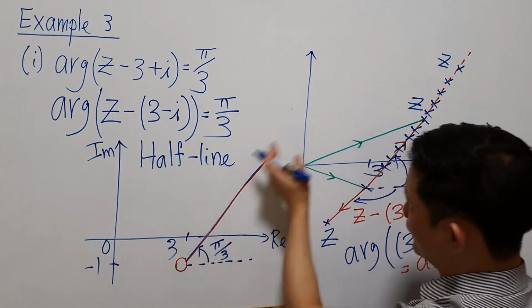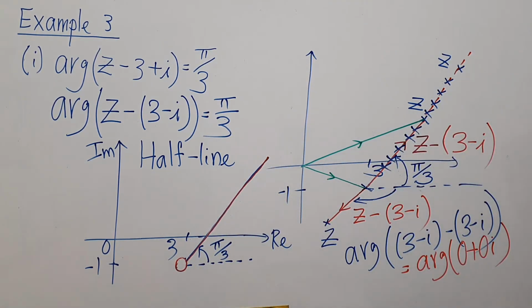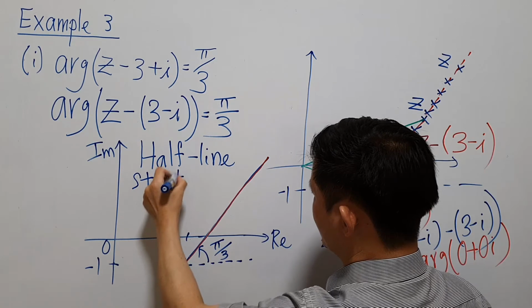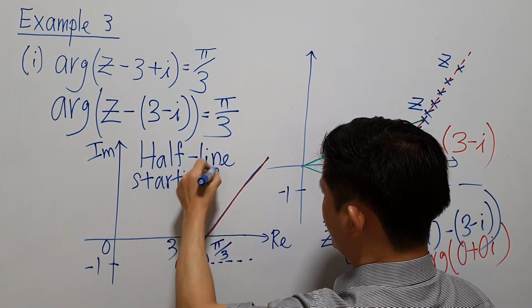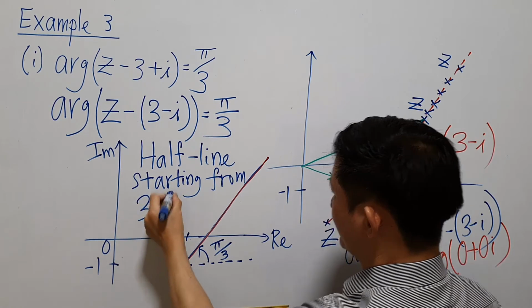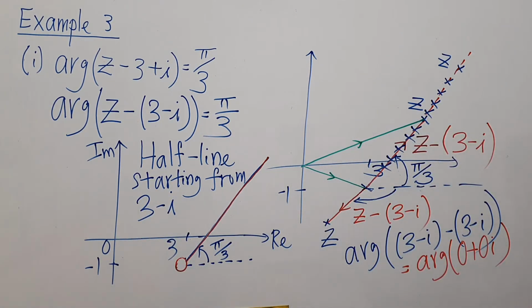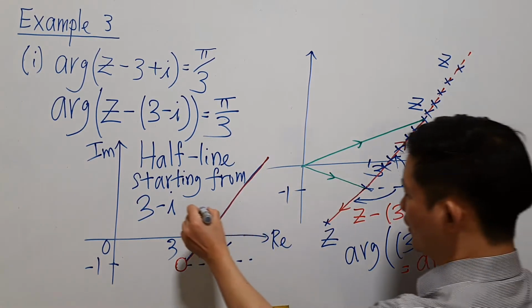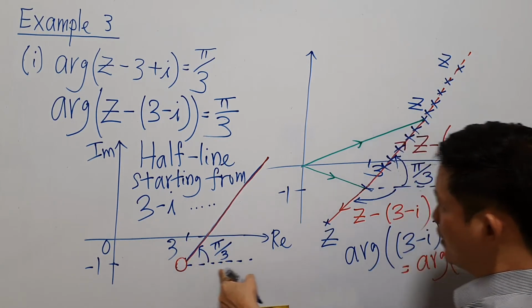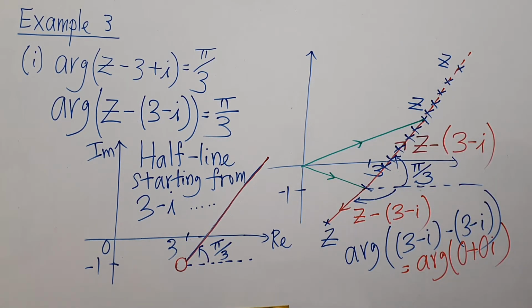This is just half of it. In this case, this is a half line starting from where? Starting from 3 minus i. It is a half line starting from 3 minus i, and what else can you say? It makes an angle of pi over 3 with the positive real axis.